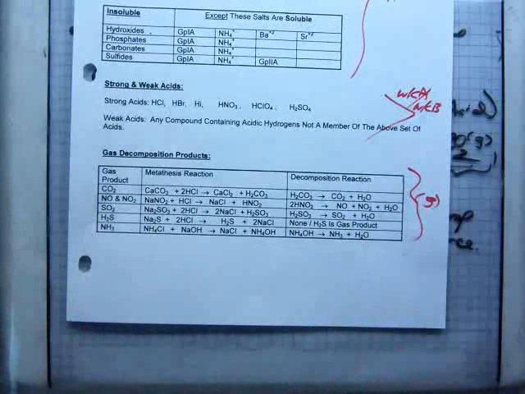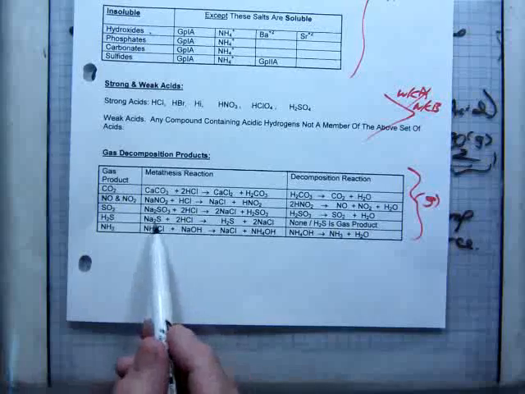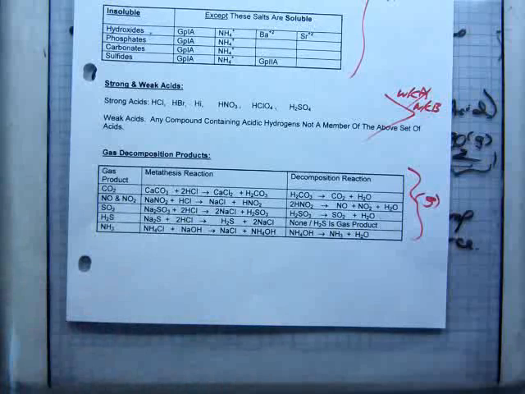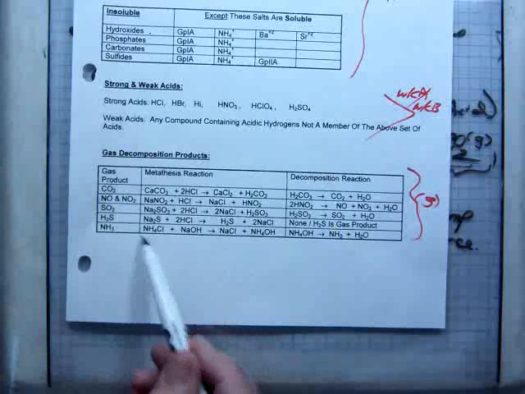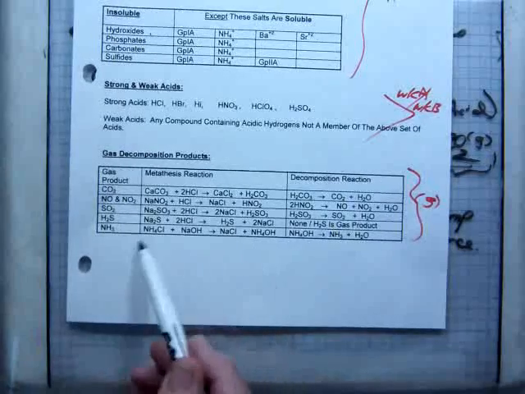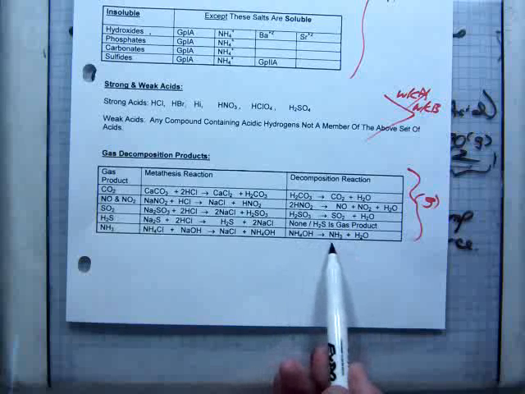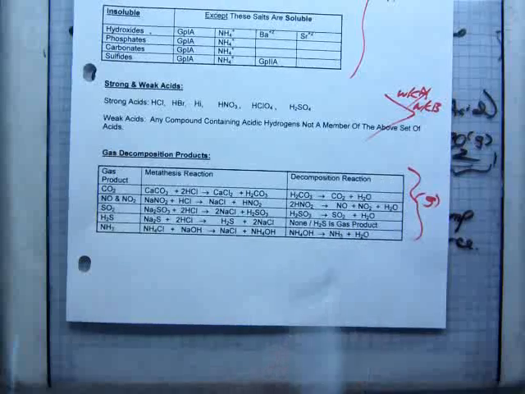It's not a decomp product, but there's a reaction over here that shows H2S forming, and that will leave the system. The common denominator in all of the driving forces is that it essentially leaves the system as a precipitate, or goes into a bonded mode in the acids, or leaves the system as a gas. And here's, of course, ammonium. If ammonium hydroxide is formed due to the exchange, then you have to break it and show it as ammonia, and that will come out as a gas along with water.